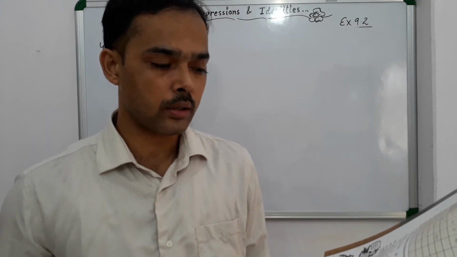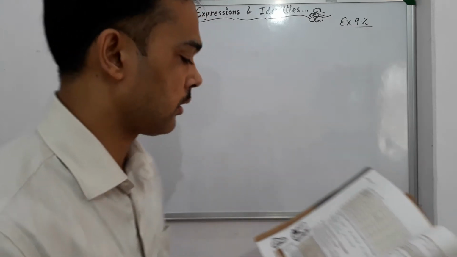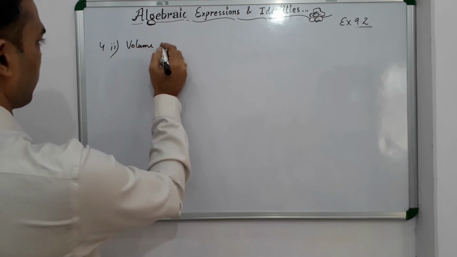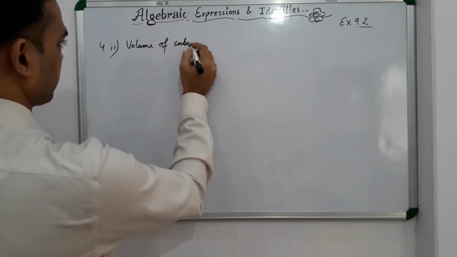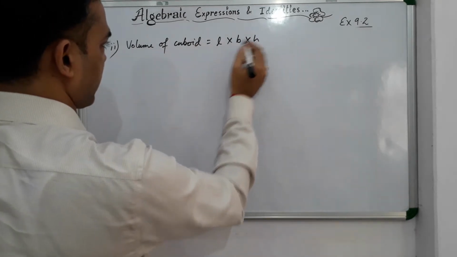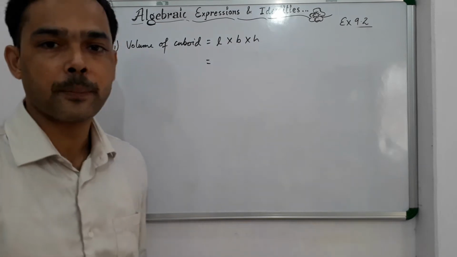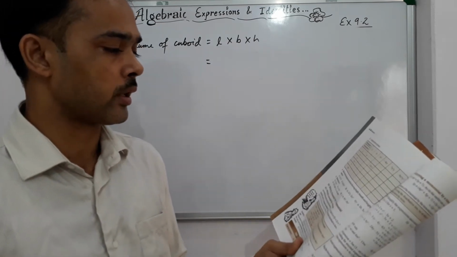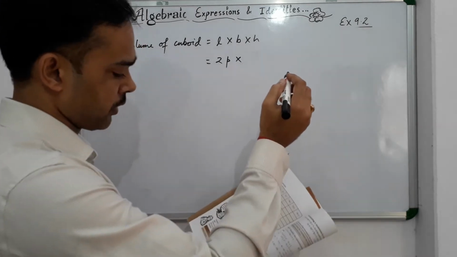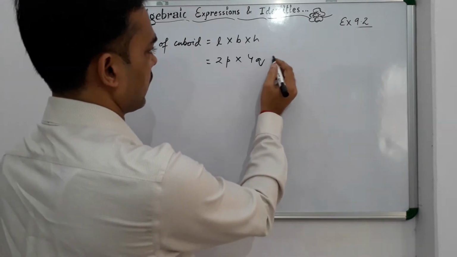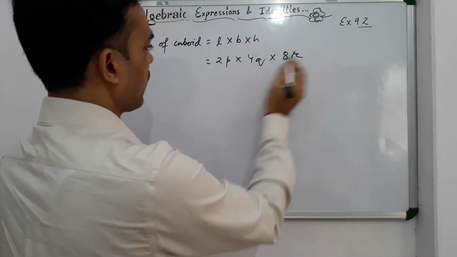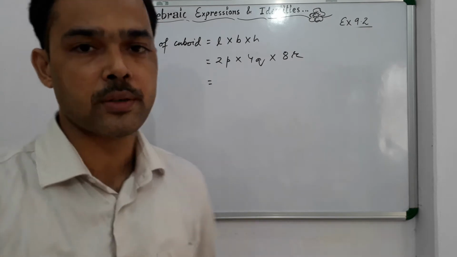You know that the volume of a cuboid is length into breadth into height, and the three measurements given to us are 2p into 4q into 8r. Now all of them are positive terms.